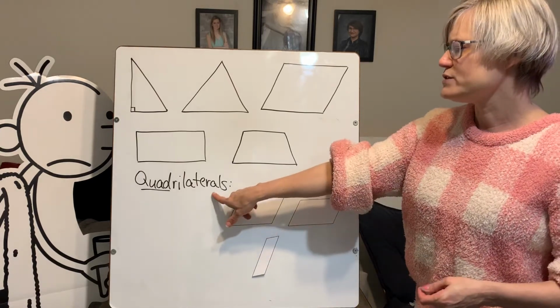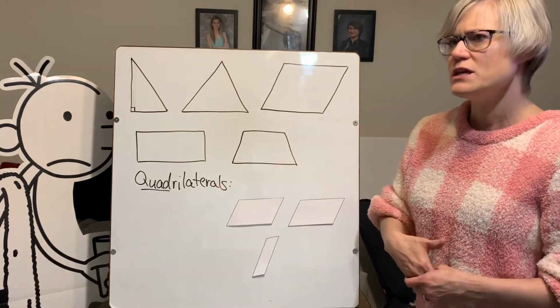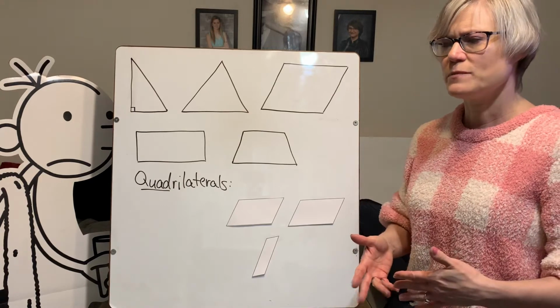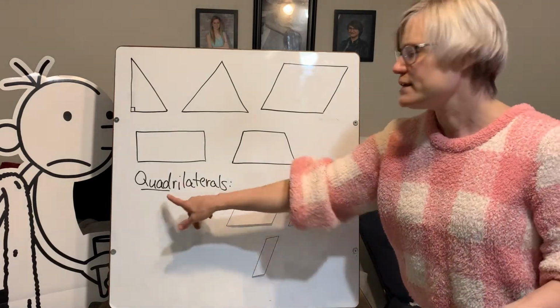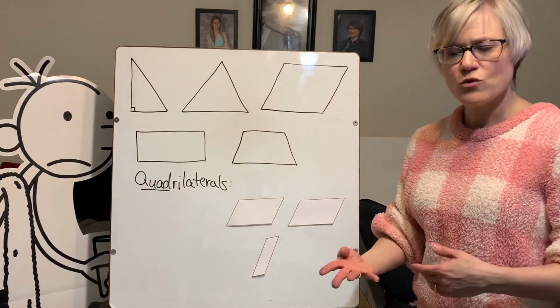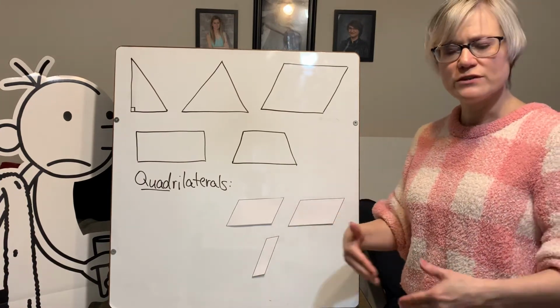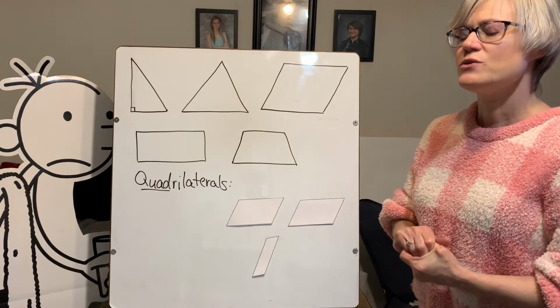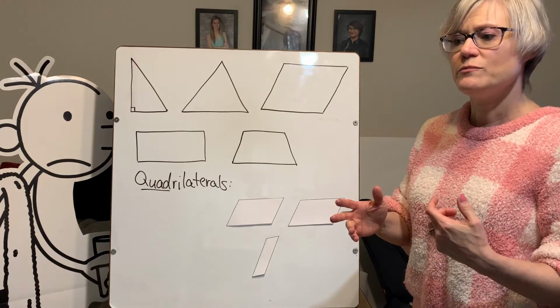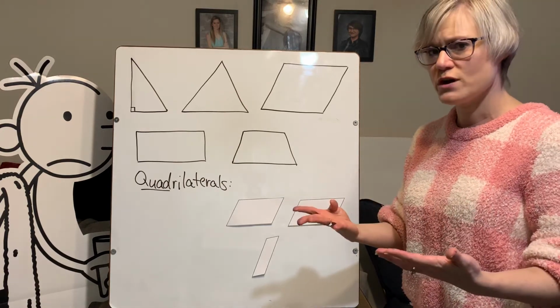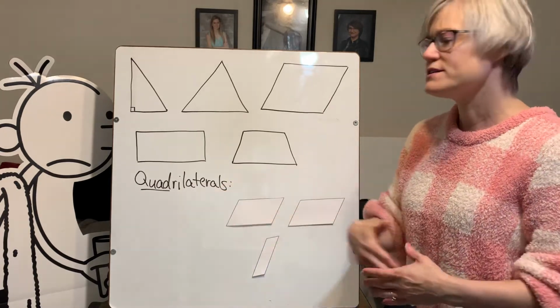Now, I also want to review quadrilaterals. So what is a quadrilateral? Well, quad is a prefix. Quad means four. If you think of a quad runner, if you've ever been on one of those quad runners, it has four wheels. So the quad would be considered four what? Four sides.